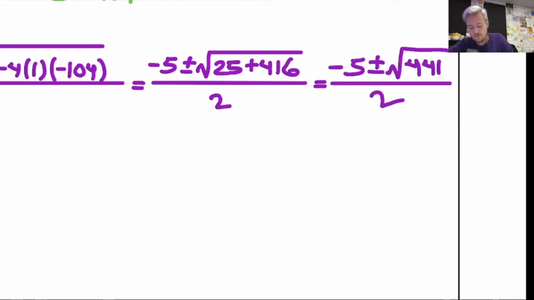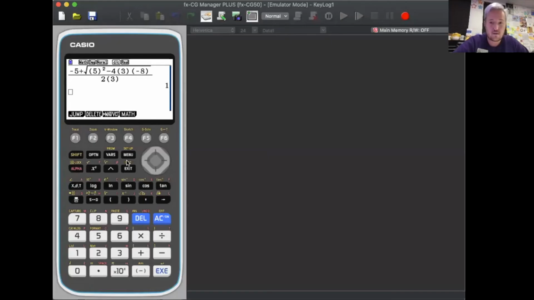all over 2. All right, so what I'm going to do next is I actually want to check to see if 441 is prime or composite so that I know if I need to put it in simplest radical form or not. So I'm going to go over here to my handy dandy little Casio calculator and plug in square root of 441.